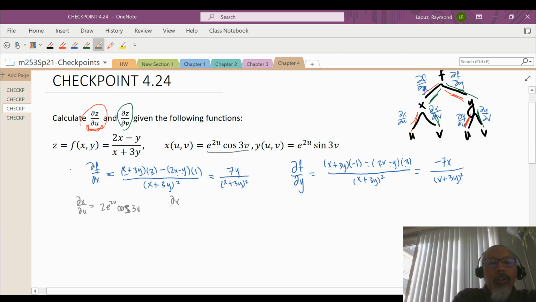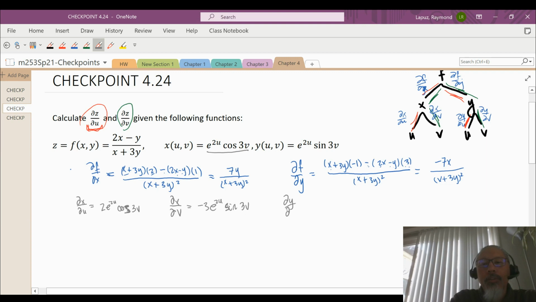Next, we want to find the partial of x with respect to v. And this time the cosine 3v is the function. The derivative of cosine is negative sine with an extra 3 that comes out. And e^(2u) is constant. So our dx/dv is negative 3e^(2u) sin 3v.